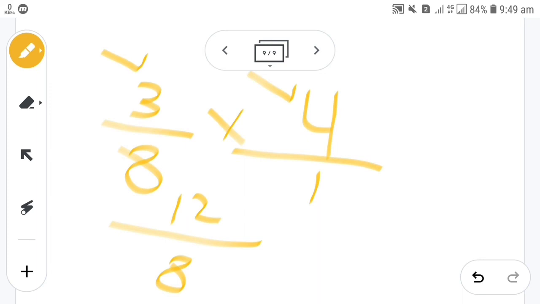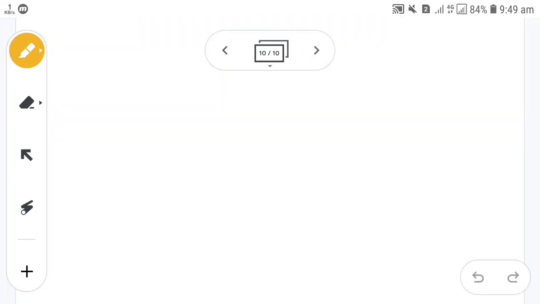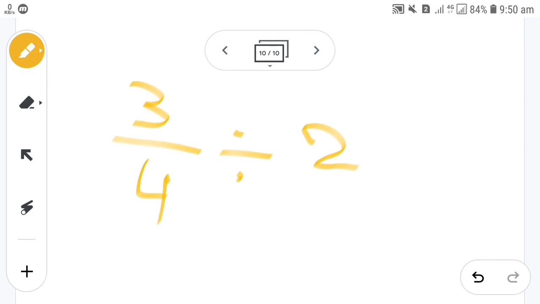Now we are going to divide a number and fraction. 3 by 4 divided by 2. To divide this fraction by a number, we have to change this number into fraction. And now we have to change this division into multiplication.